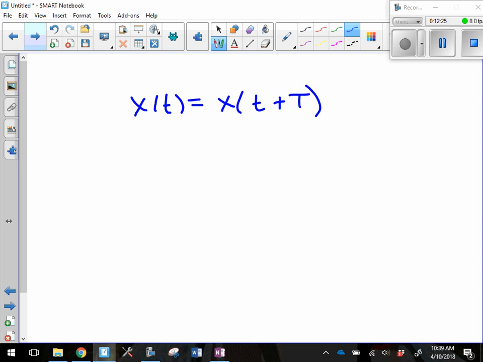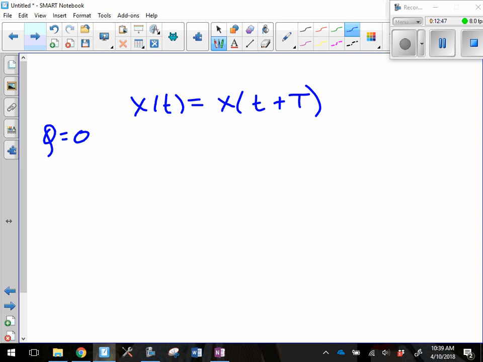Because the object is exactly where it was a period ago. So for the moment, we're going to make life easier and just assume that phi is equal to 0. I can start the clock whenever I want.